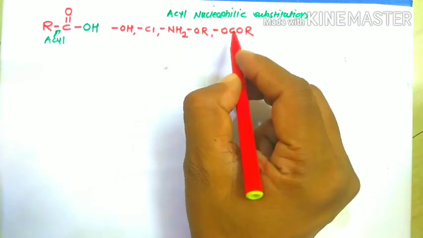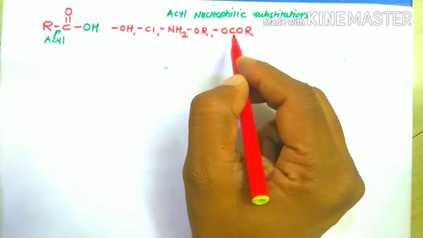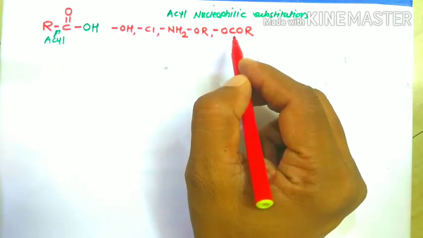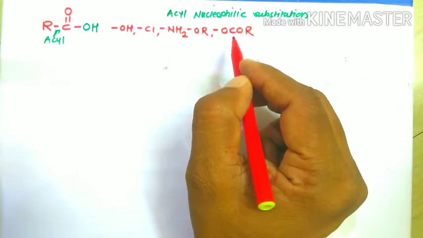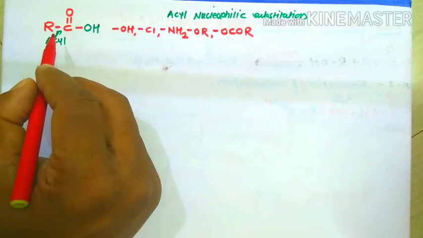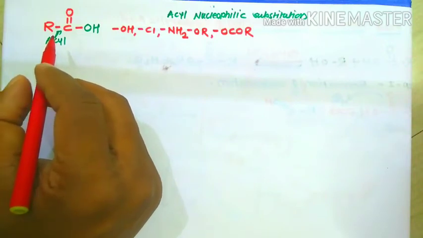The carboxylic acid and their derivatives like acid halide, amide, esters, anhydrides are called acyl compounds. The nucleophilic substitution of the groups like OH, Cl, NH2, OR and OCOR attached to the acyl group is called acyl nucleophilic substitution reaction.